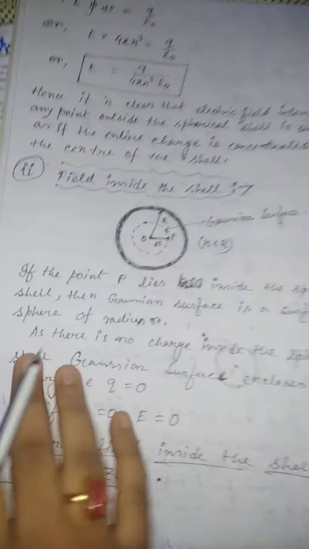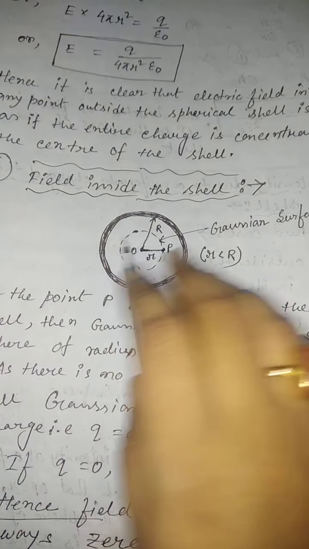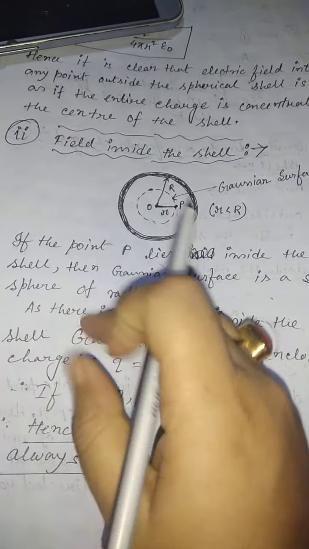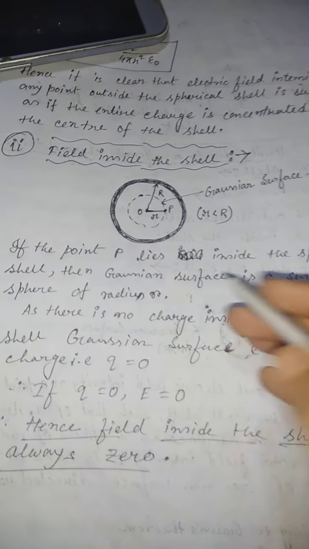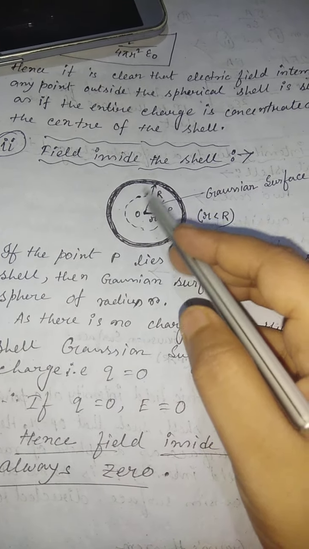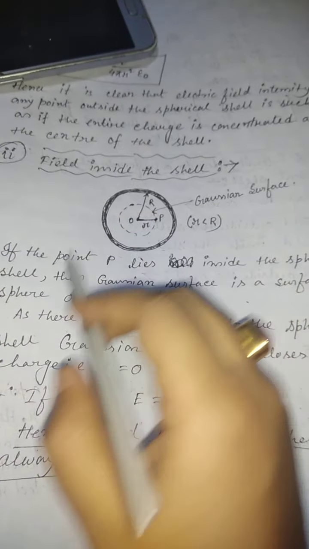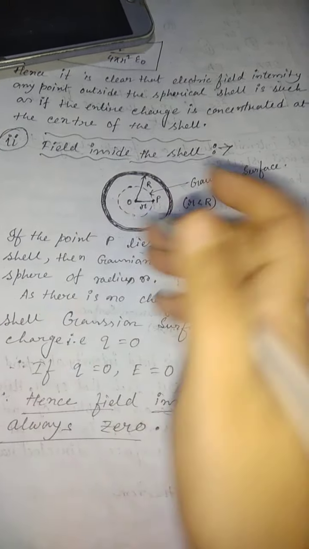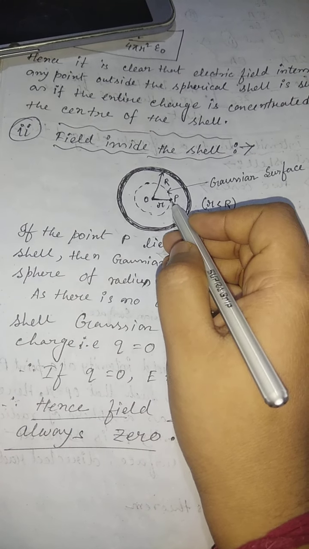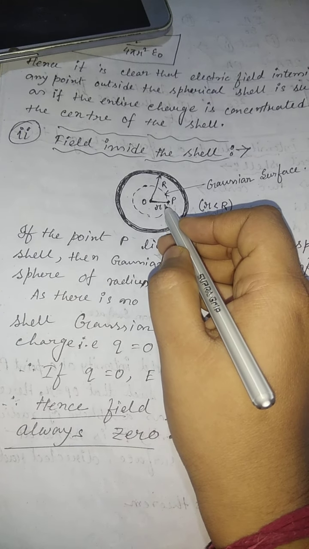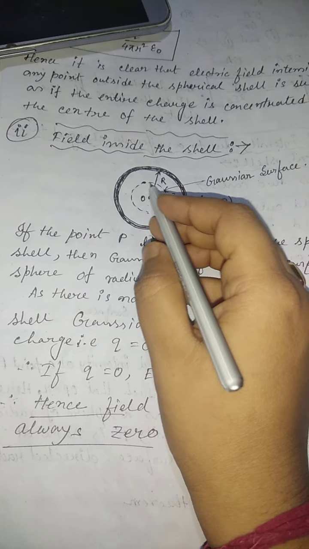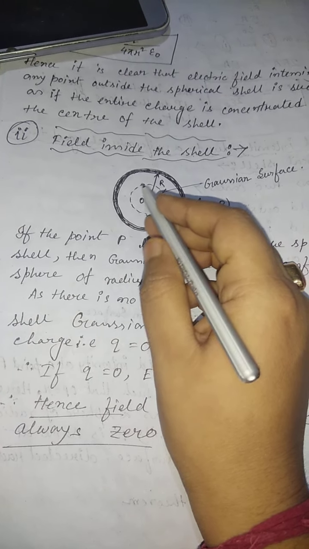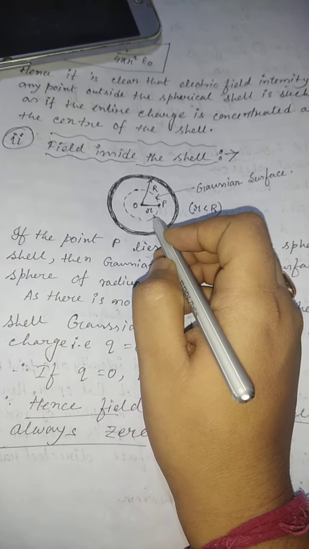Okay. Now the second case. The second case is the field inside the shell. So this is the diagram. The first one was outside the shell, that's why we drew our Gaussian surface outside the spherical shell. Now for the field inside the shell, we consider the point P inside the spherical shell, and including this point P, we draw a closed Gaussian surface.